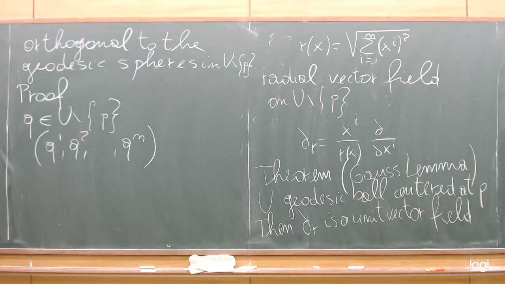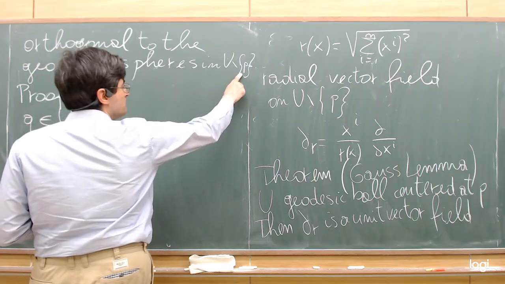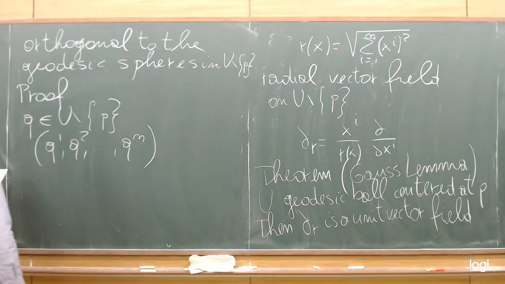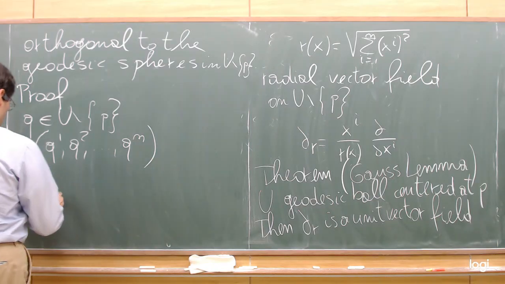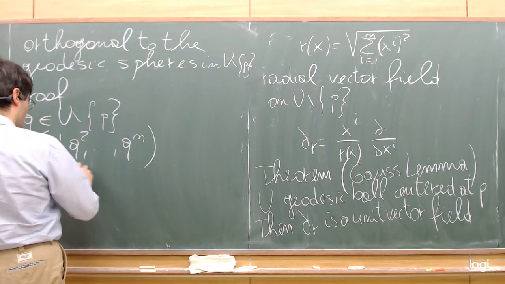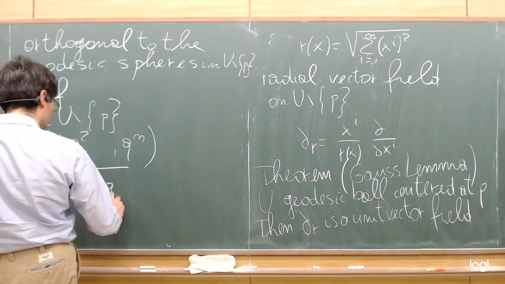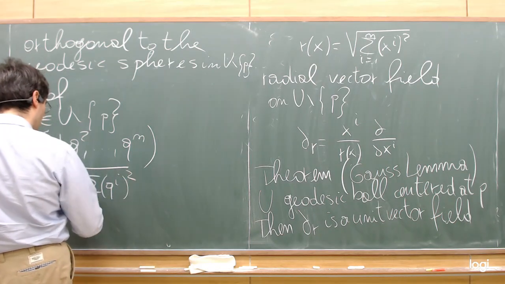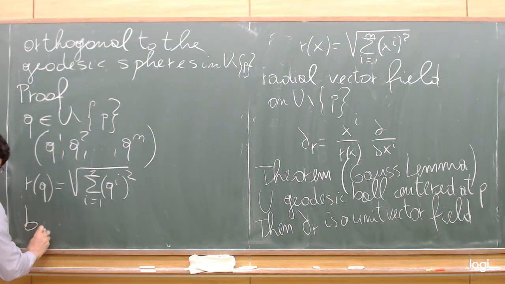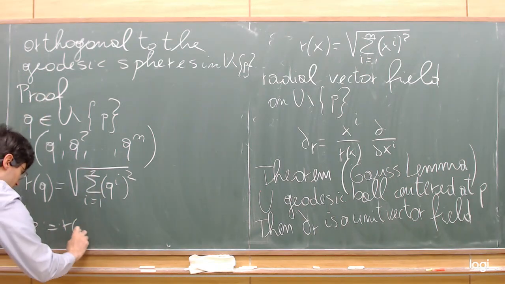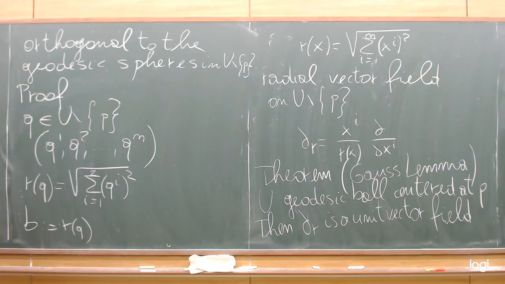We are working with normal coordinates centered at P. So the value of the function R is of course square root of sum of Qi square, and we set b to be this number.